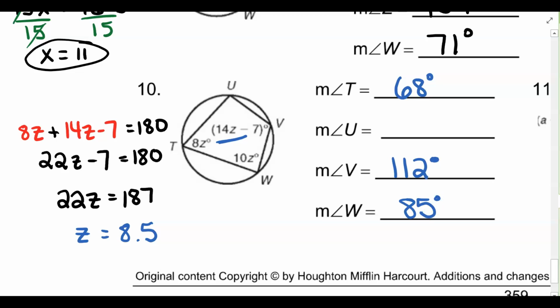And now for angle U, if I subtract all three of these, I should end up getting 95 degrees because that's what's going to make it supplementary with angle W. So I'm going to subtract those three from 360 now. I do in fact get 95, so it pans out.